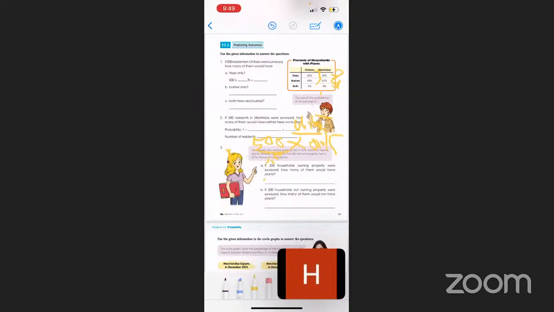For the number of people, you have to multiply it by 500. Okay, can you do that? How much do you get? 75. 75 is your answer. Okay, good.